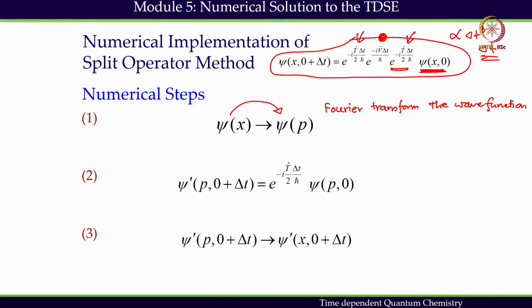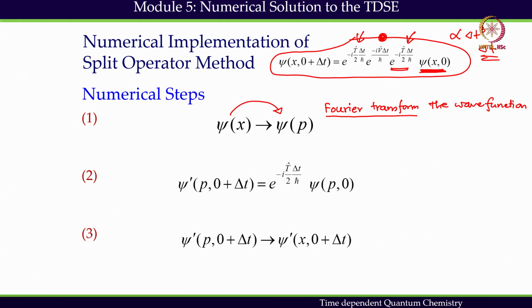Position representation to momentum representation of the wave function can be done using the Fourier transform, and that we have already encountered in Python tutorial 3, and how to do this kind of Fourier transform. So we will skip those techniques here.